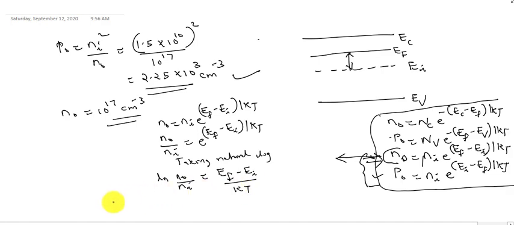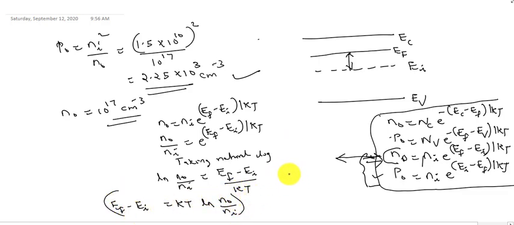From this we can calculate Ef minus Ei, which is equal to kT into ln N0 by Ni.